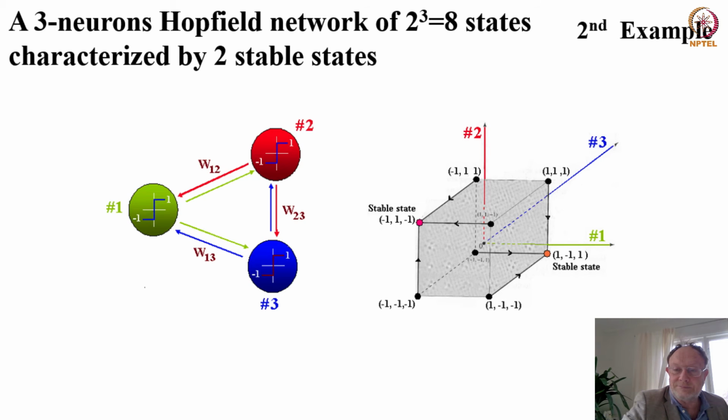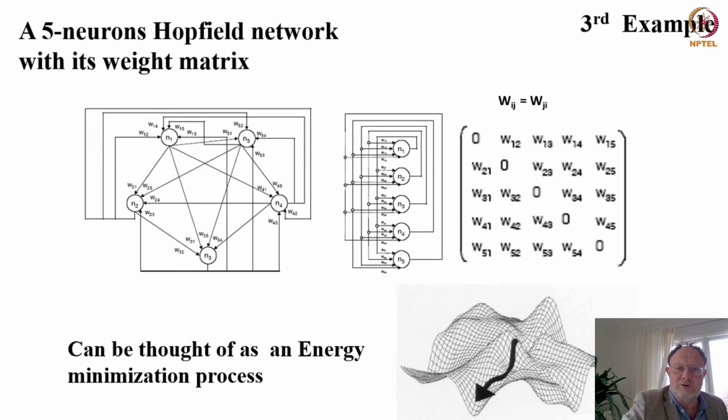And finally, if we move upwards, it's not so easy to depict, but you can have a 5-neuron Hopfield network with a more complex weight matrix, and of course you can also imagine a landscape defined by the energy function in this case.